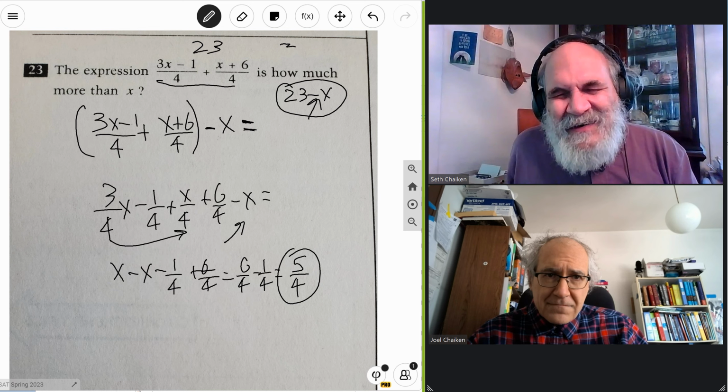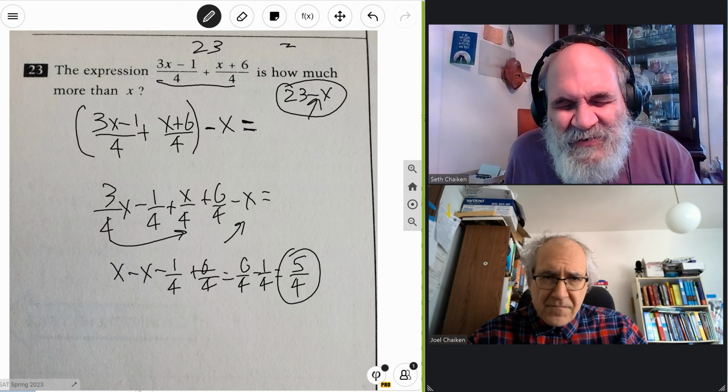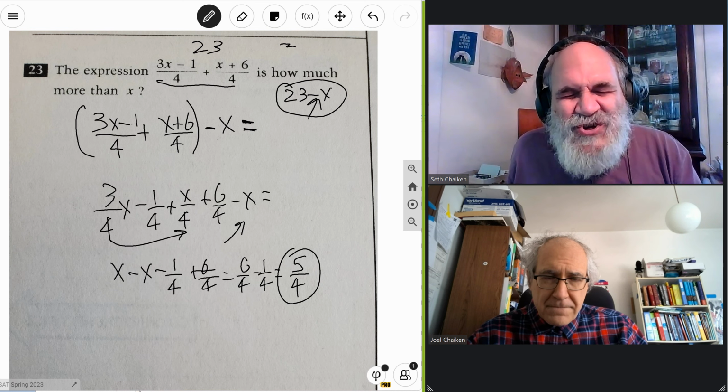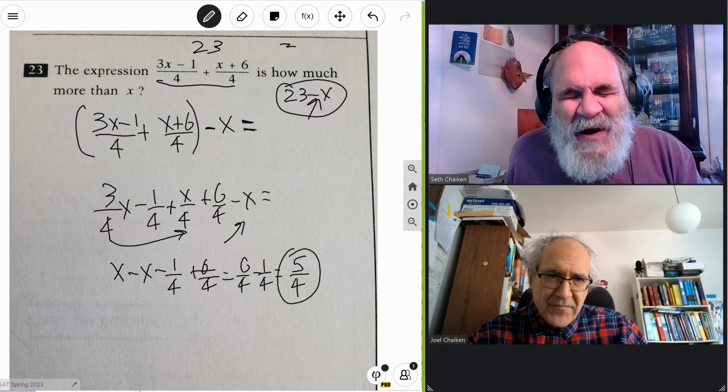a thing to what you're comparing it to, the rule depends on whether you're comparing by ratio or by difference.